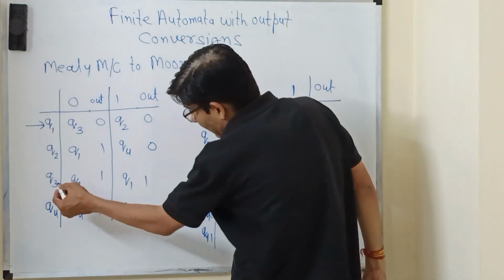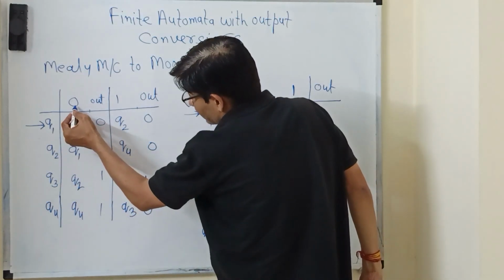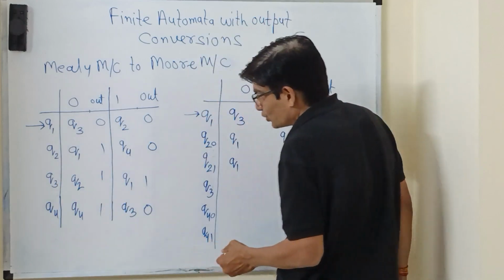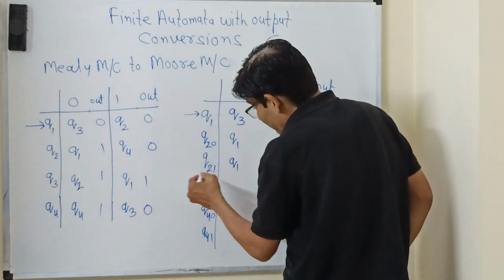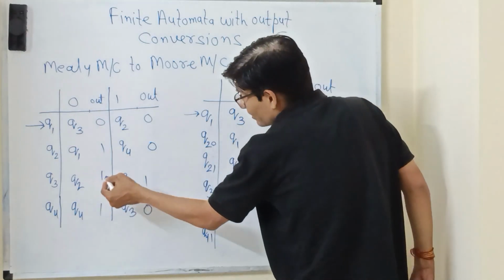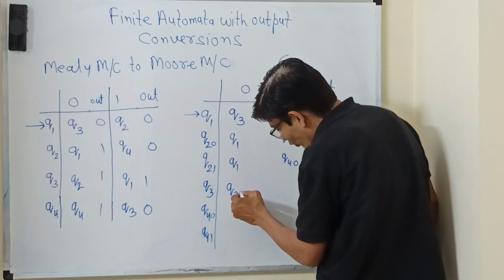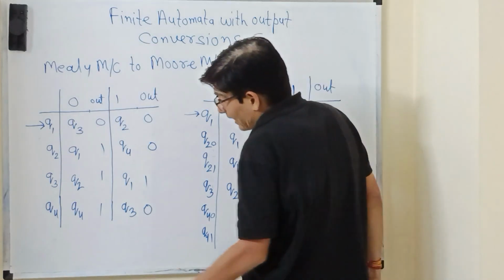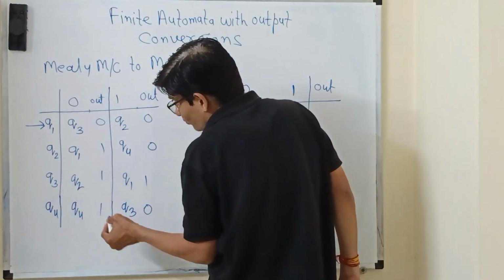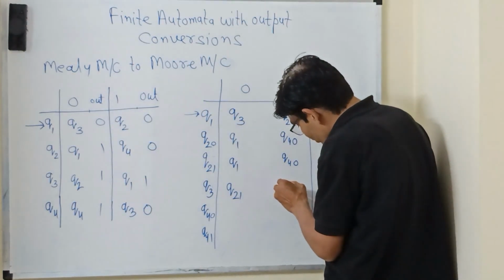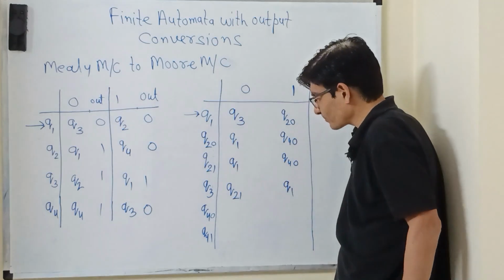On q3, if I'm getting 0, I'm moving to q2. But here which q2? With output 1. So I will write here q2 with output 1. And now on q3, if I'm getting 1, I'm going back to q1.